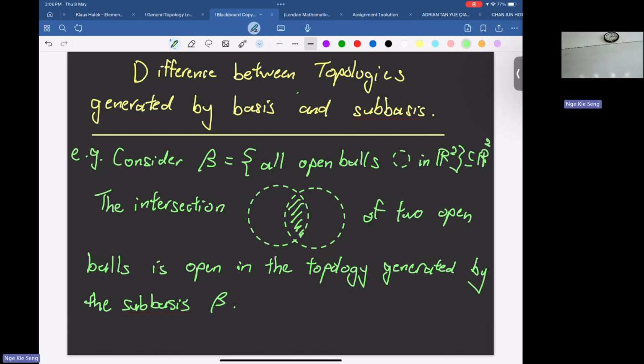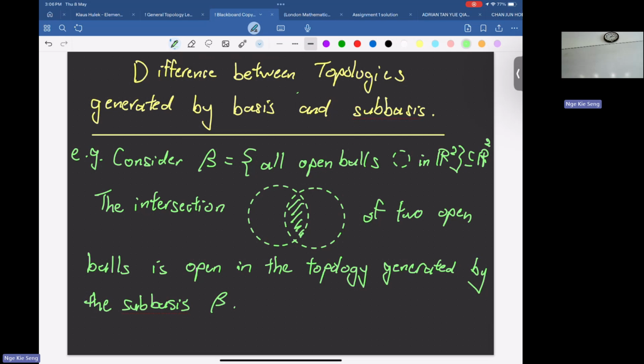That's the last proposition we had last lecture. The topology generated by subbasis B is finer than the topology generated by basis B. It's finer because you have more. Does it make sense?